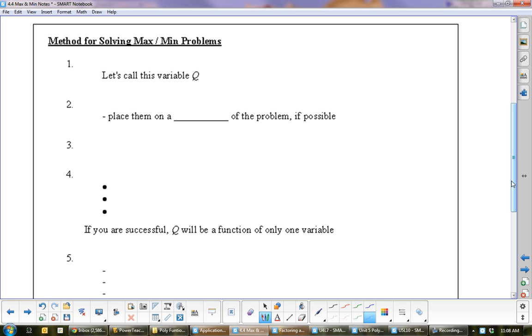Method for solving these. First of all, identify the max min variable. Okay, let's call this Q. Number 2, identify all other variables. Okay, place them on a diagram.